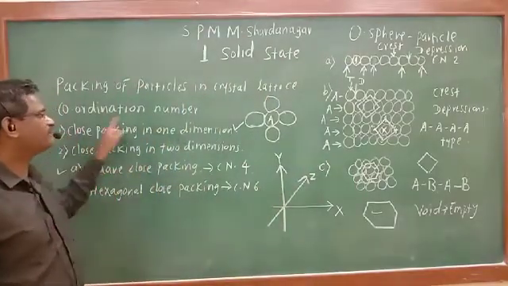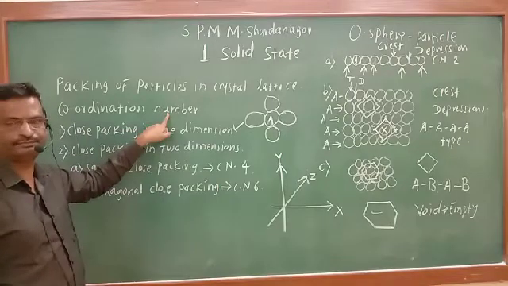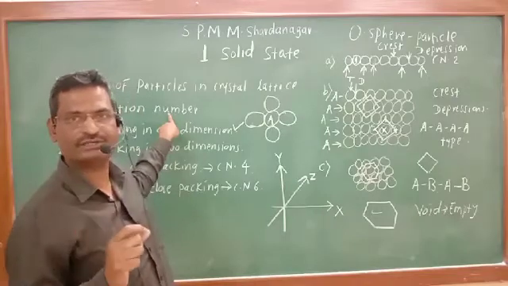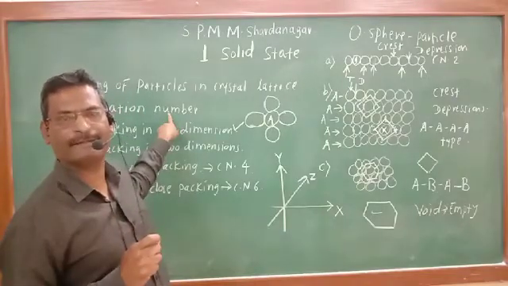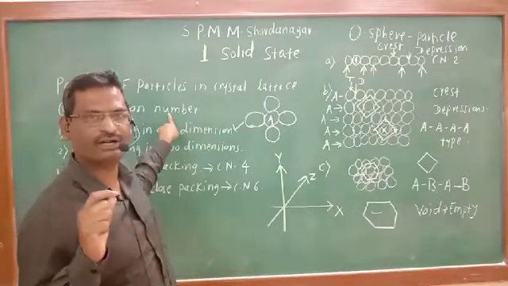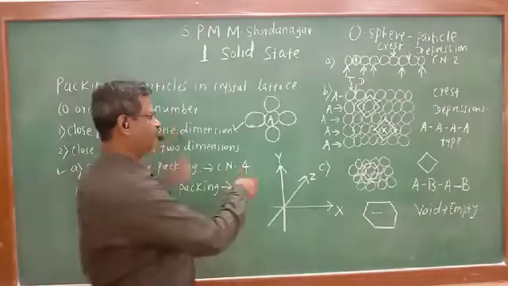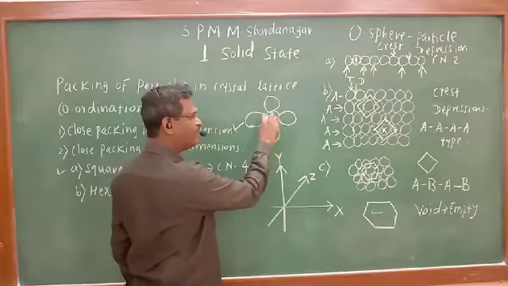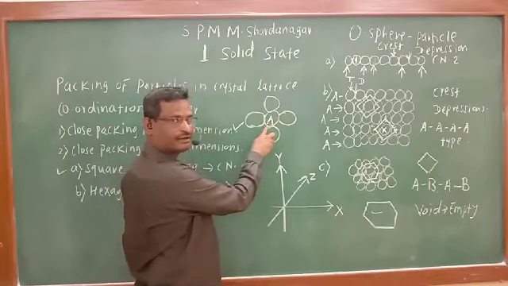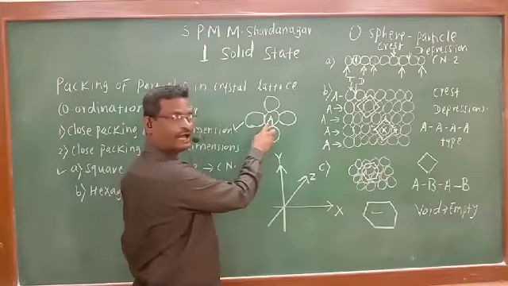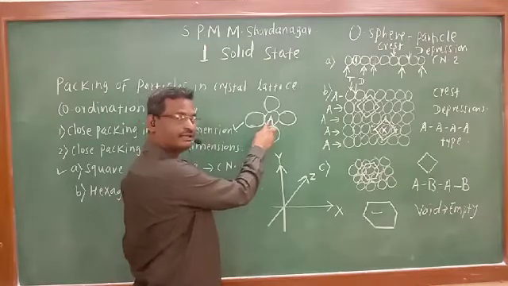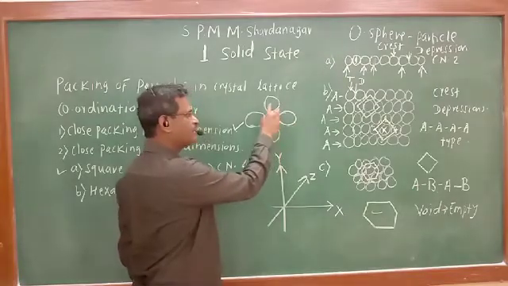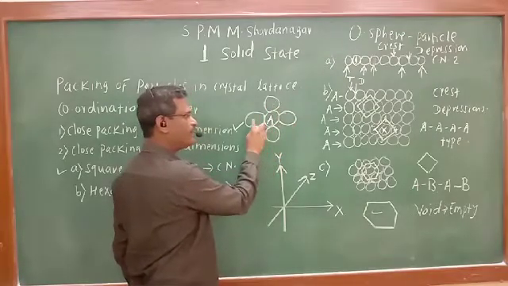Now, what is meant by coordination number? The number of spheres which touch a particular sphere is known as the coordination number of that sphere. For example, see here, I have drawn this diagram. A is the sphere at center. At center, there is one sphere I have written as A. It is in touch with how many spheres? 4 spheres. 1, 2, 3 and 4.